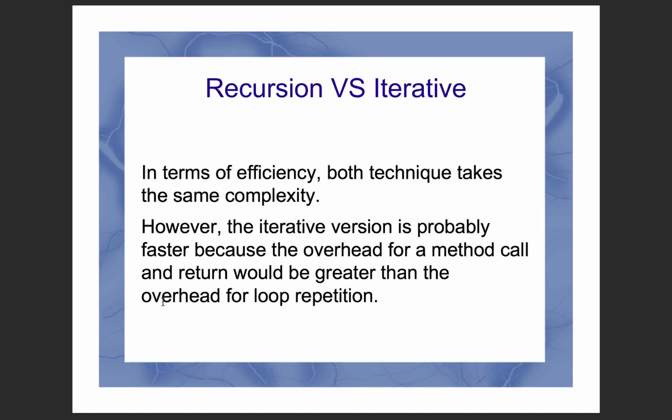So we have discussed several times what is the difference between recursion and iteration. Both have some pros and cons, and both are doing the same thing. The motivation is the same.